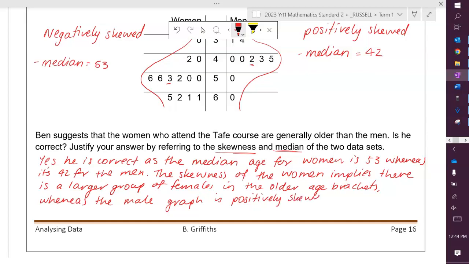And that's what we need to write in there.